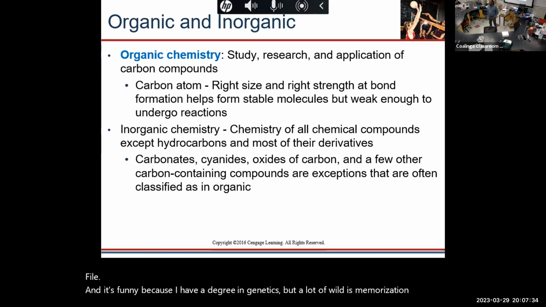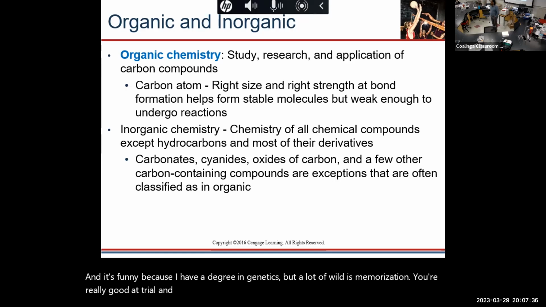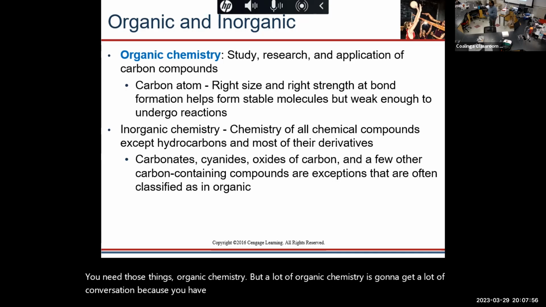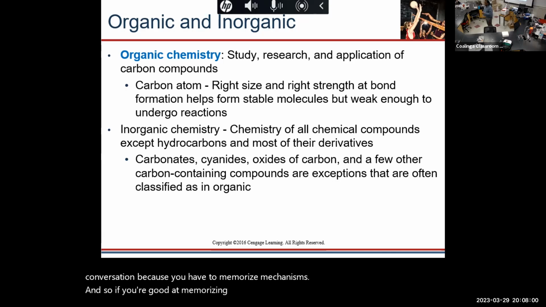If you're really good at bio and memorizing stuff like that, you'll be great at organic chemistry because there's a lot of memorization. General chemistry is a lot of calculations, a lot of math, a lot of big picture concepts. You need those things for organic chemistry, but a lot of organic chemistry is going to be memorization because you have to memorize mechanisms. And so if you're good at memorizing stuff, you're going to flash through it.